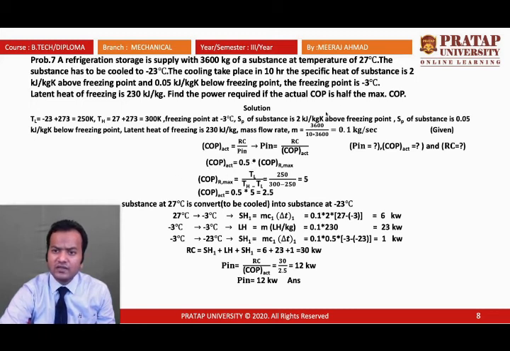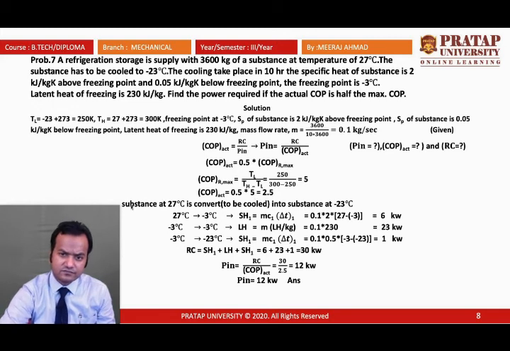So first you write the formula of the maximum COP of the refrigerator in terms of temperature. The upper and lower limits are given, then you find the maximum COP is equal to 5. Then the actual COP is half, 0.5 into 5, you get 2.5.